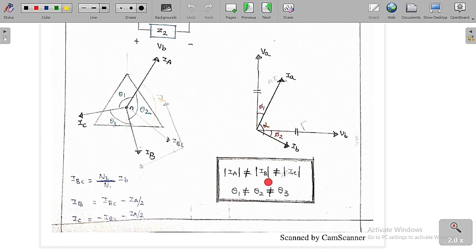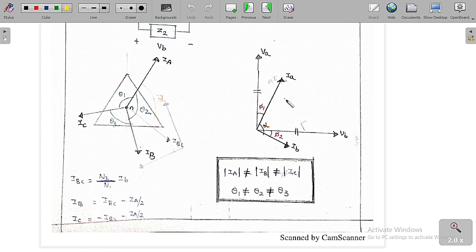So if you are going to connect an unbalanced load, the line currents are also unbalanced, of different magnitudes, and they do not have a phase difference of 120. So we can say whenever you connect an unbalanced load, the line currents are also unbalanced, of different magnitudes, and the phase difference is not equal.